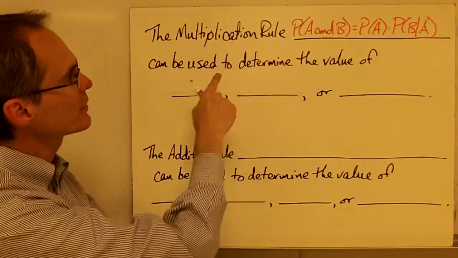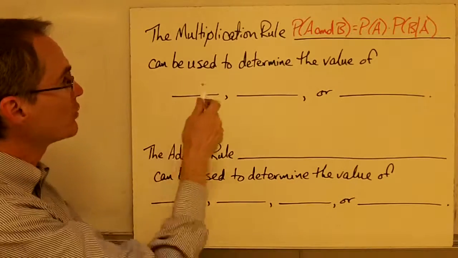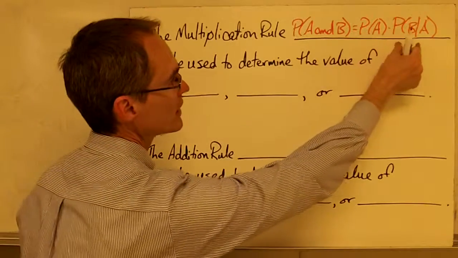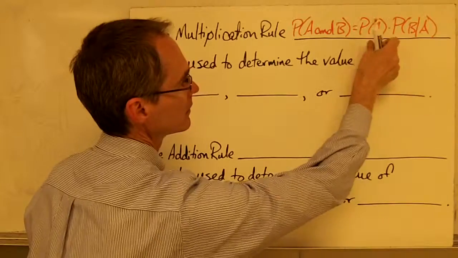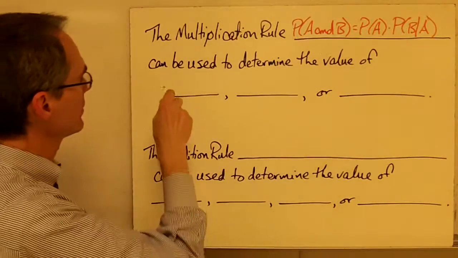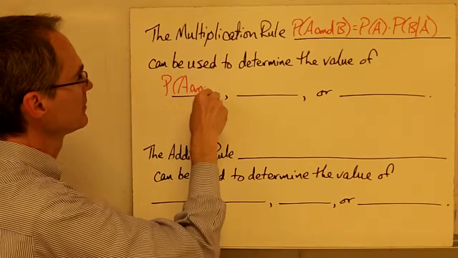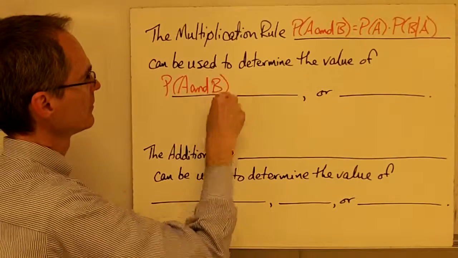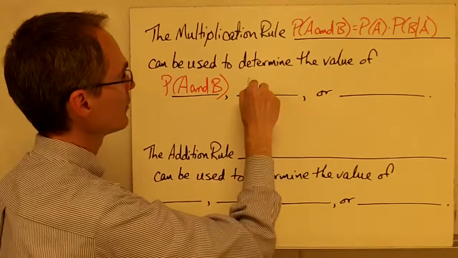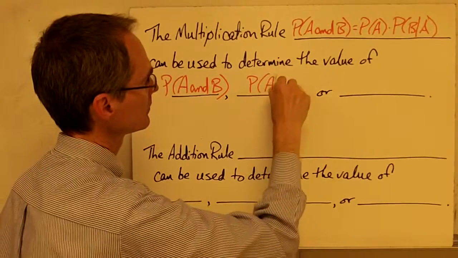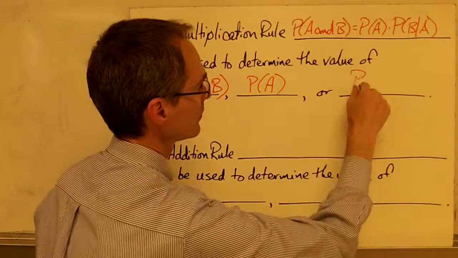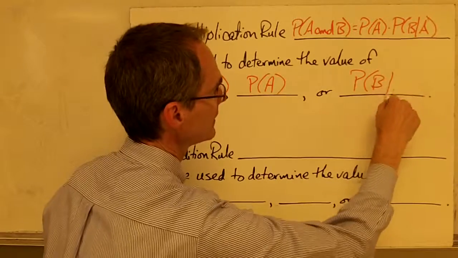The multiplication rule can be used to determine the value of these three values here: the probability of A and B, the probability of A, or the probability of B given A.